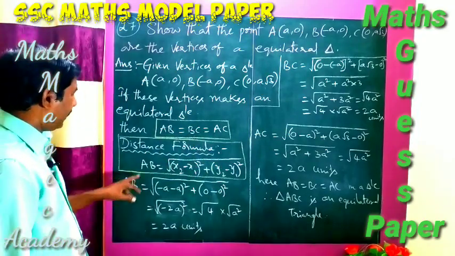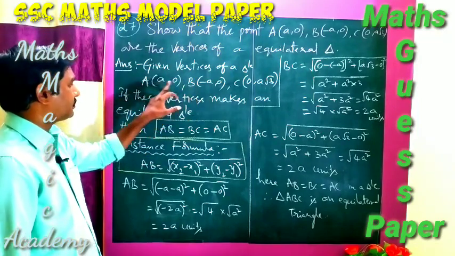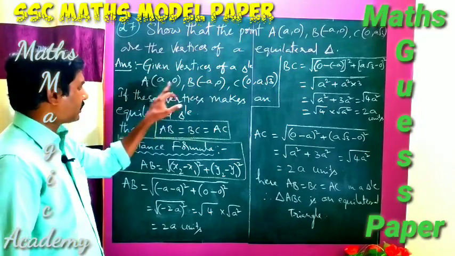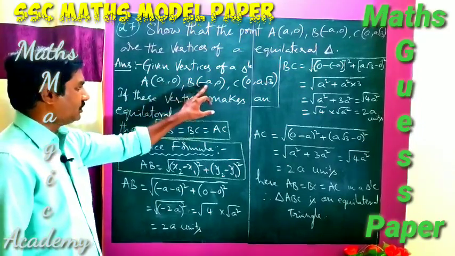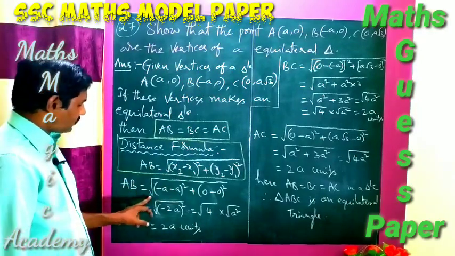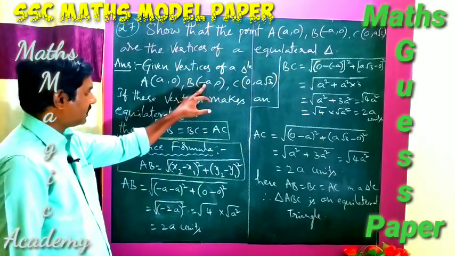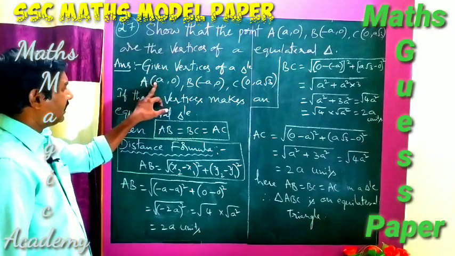Now I am finding AB. So it is A, it is B. So here x1, y1, x2, y2. According to that, AB equals square root of x2 minus x1. So what is x2 here? Minus a. Minus a, and here a is there.